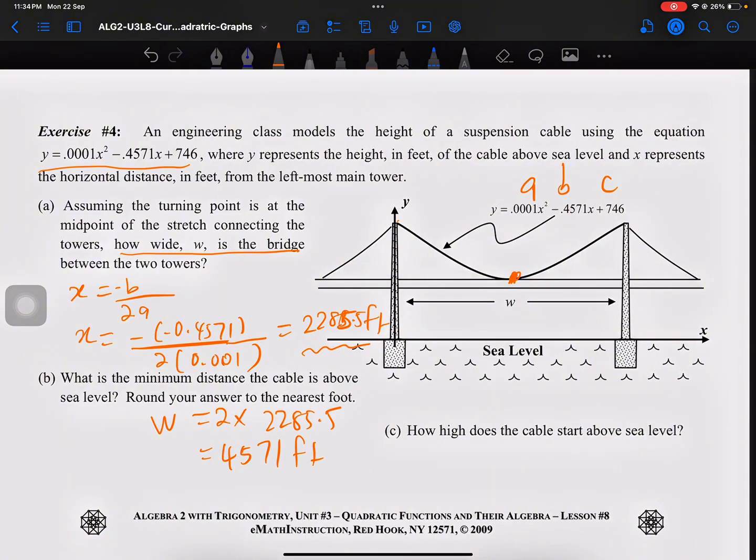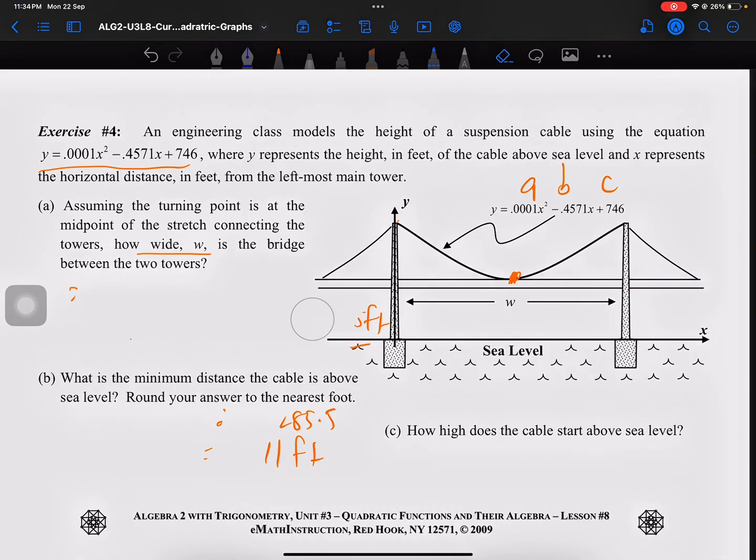Okay, B, evaluate y, the minimum distance of the cable above sea level. So we want to find our y. Okay, so y min is 0.001 times x squared minus 0.4571 times x plus 746.